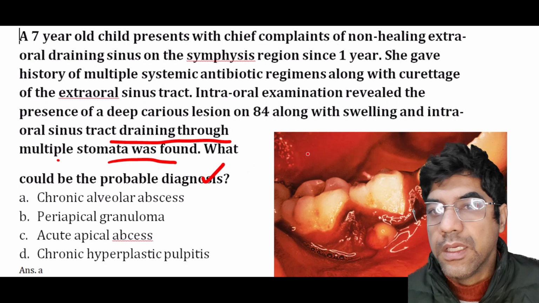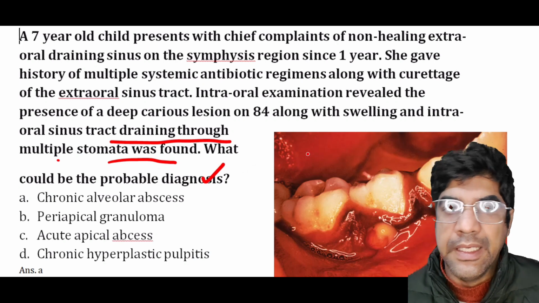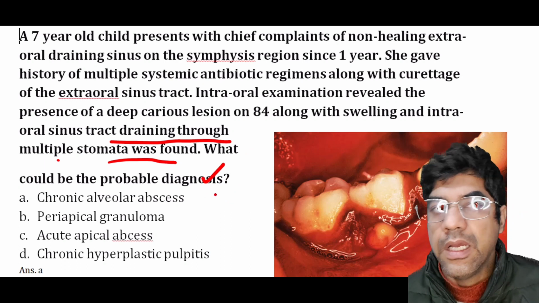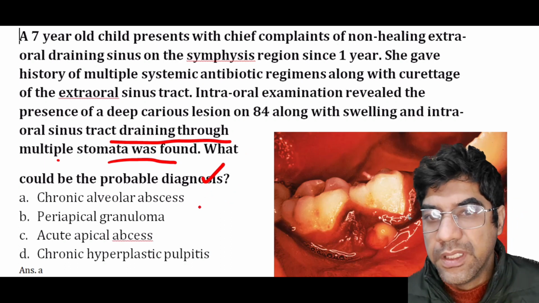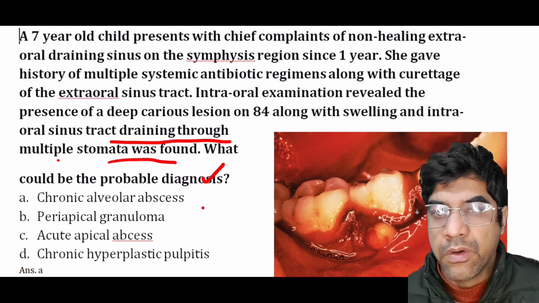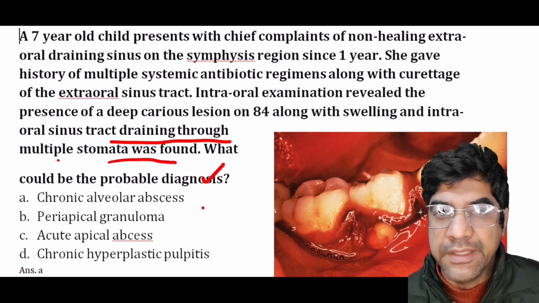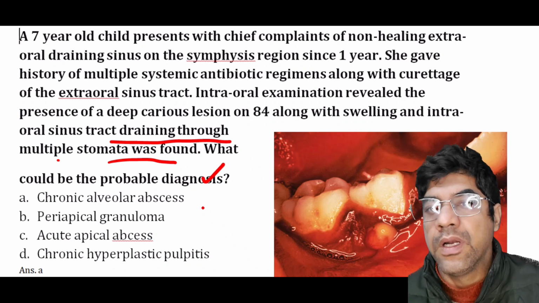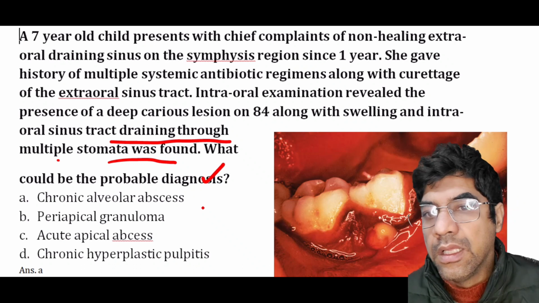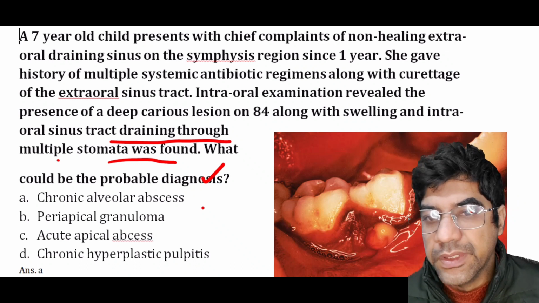Well, the presented case description is indicative of chronic alveolar abscess. The chronicity of the symptoms, that is, non-healing extraoral draining, and a deep carious lesion are consistent with this diagnosis.